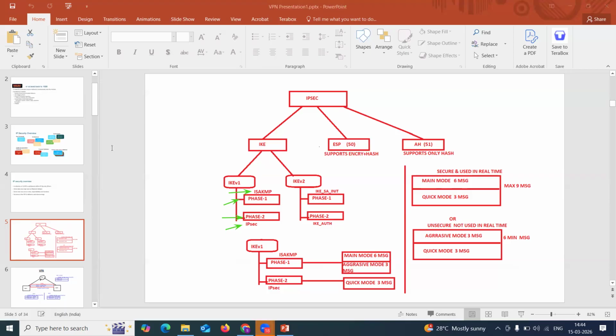See, there are multiple protocols under IPsec. We have ESP, AH, ISAKMP, and NAT-T. These four protocols are commonly used under IPsec.